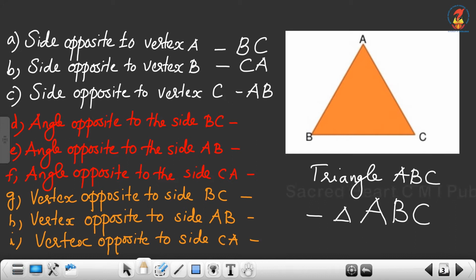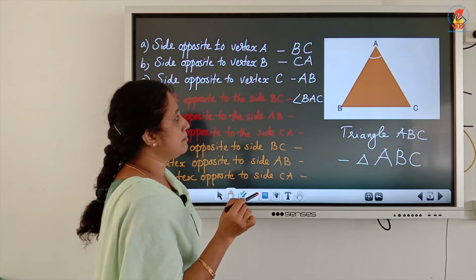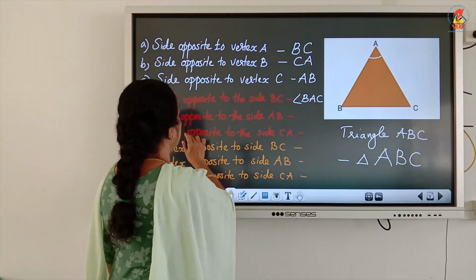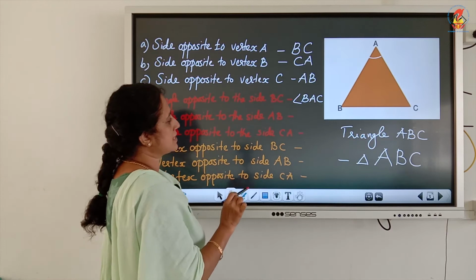Now similarly, angle opposite to the side BC. Here we have the side BC and the angle opposite to side BC is which angle? Angle A. So angle A we can write as angle BAC. Now next one, angle opposite to the side AB.